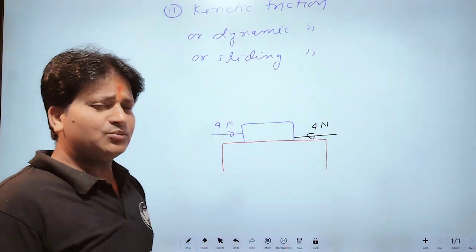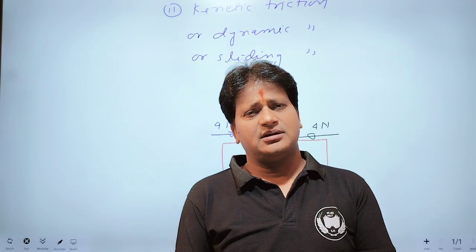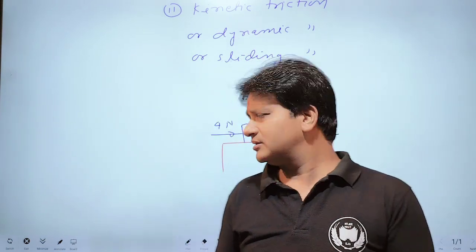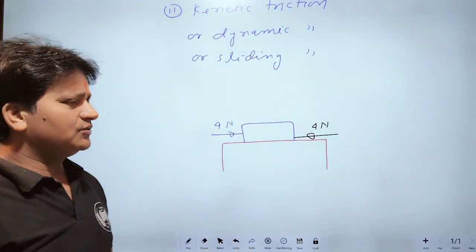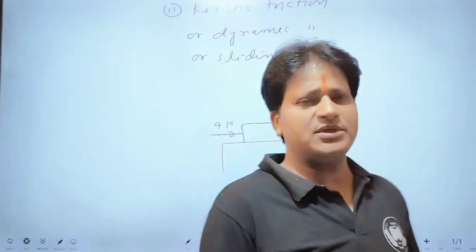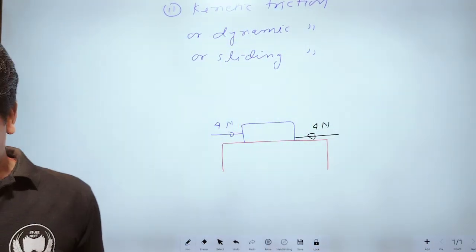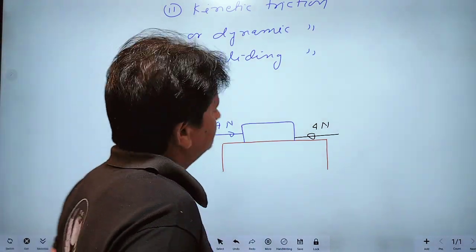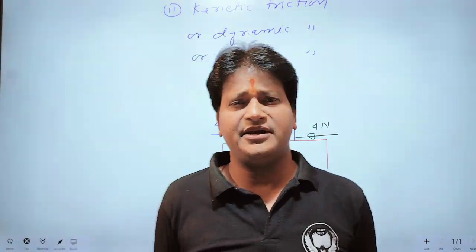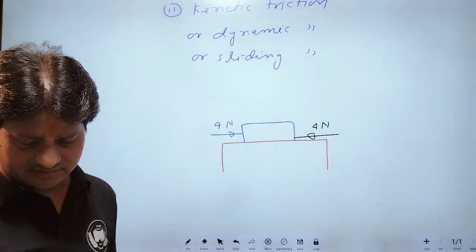And during the motion, the force of friction acting between the surfaces of contact will be kinetic friction, which is also called dynamic friction or sliding friction. Next, I will discuss laws of friction in the next class.